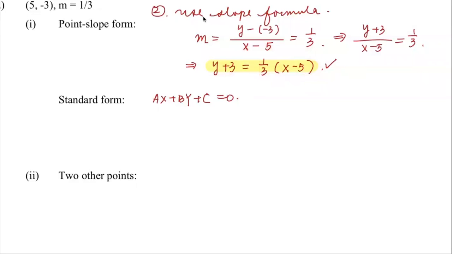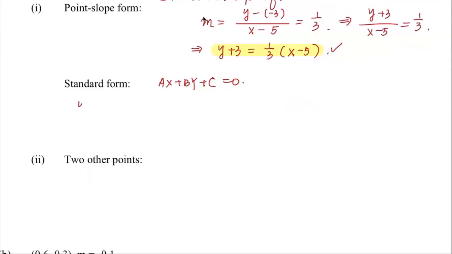Then we open all the brackets, combine all the constants, and organize the equation. So let's try. First, y plus 3, we move everything on the right side to the left side, minus 1 over 3 times x minus 5. Now the right side of the equation will be 0. And now we open the brackets.